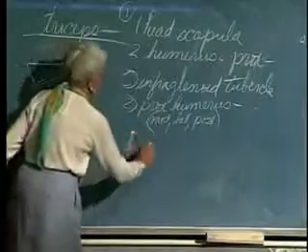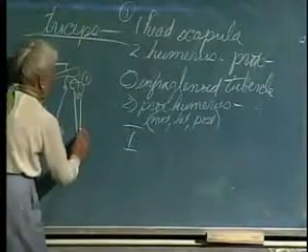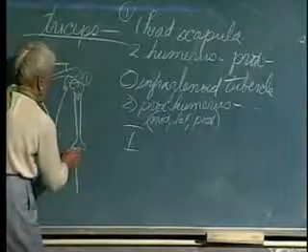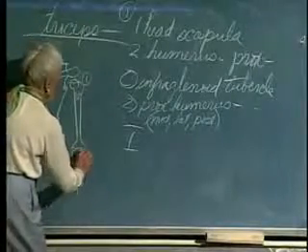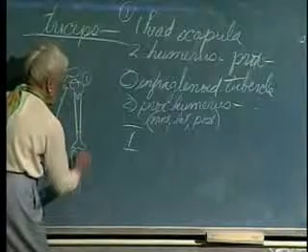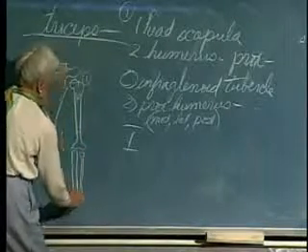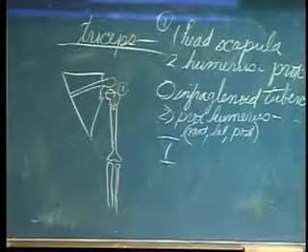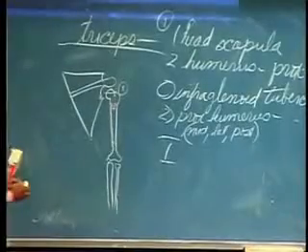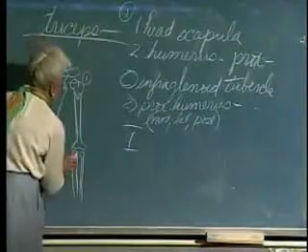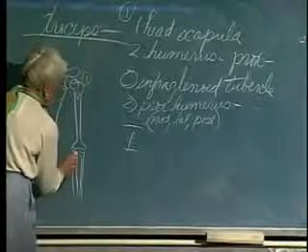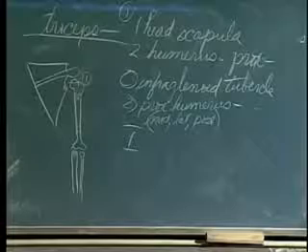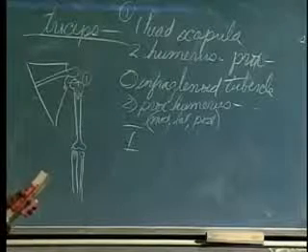Now, where is it going to insert? Our humerus is coming down. It's going to articulate with two bones here. Where is our triceps going to insert? Do you remember the name? Right. Which bone is medial in the forearm? Everybody knows that, right? Which is it? You did?